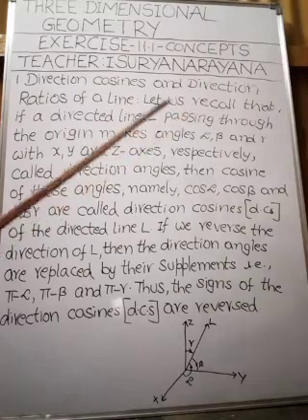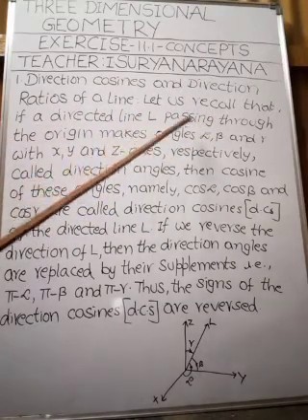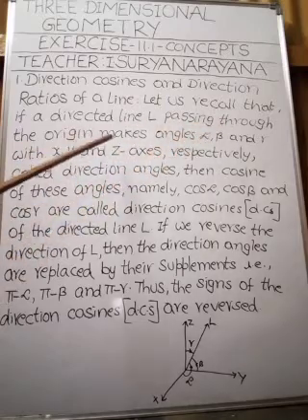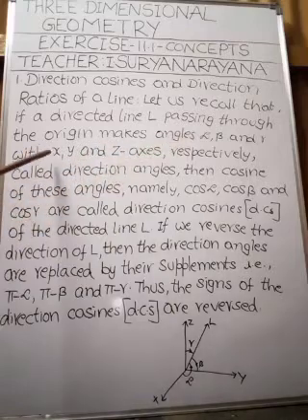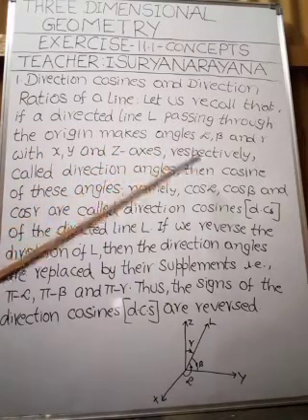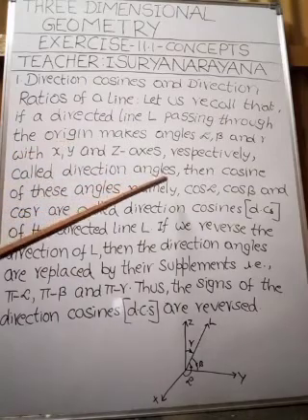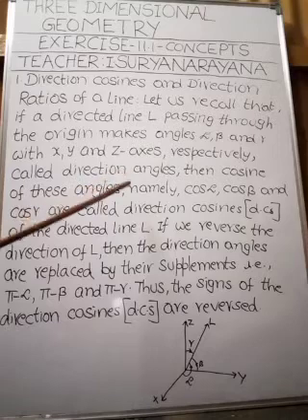So let us recall that if a directed line L passes through the origin and makes angles alpha, beta, and gamma with the x, y, and z axes respectively, these are called direction angles. Do you remember these points?